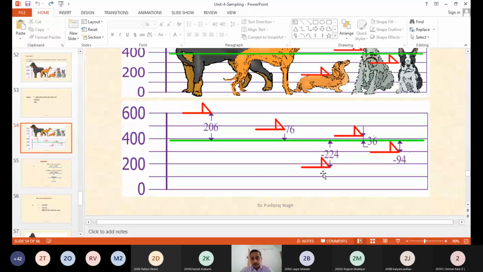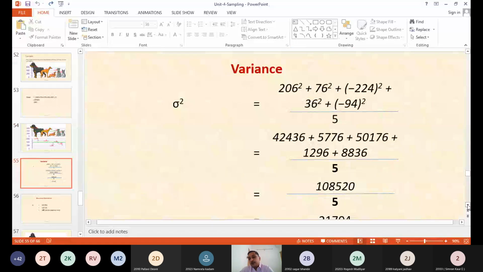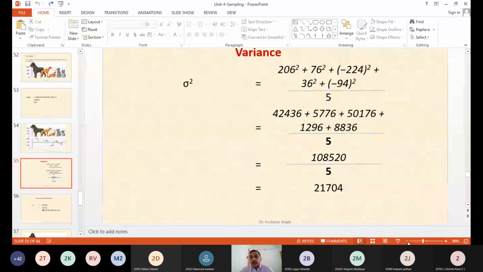So now we will calculate the variance. The variance means the squared average of the difference from the mean. So these are the differences from the mean: 206, 76, minus 224, 36, 94.